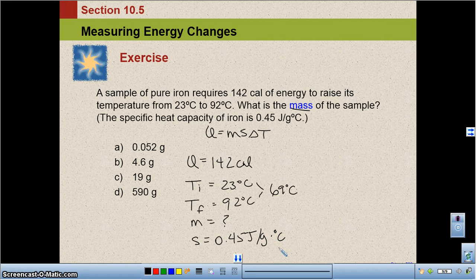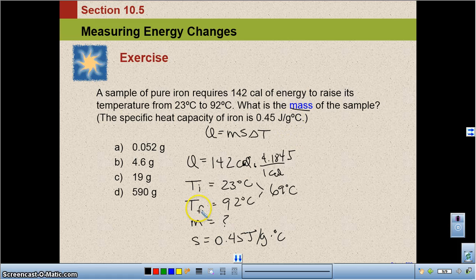If we look at this, we notice that the one issue we're going to have is that energy down here is in joules and energy up here is in calories. And if you remember from the previous slide, the relationship is that 1 calorie is equal to 4.184 joules.